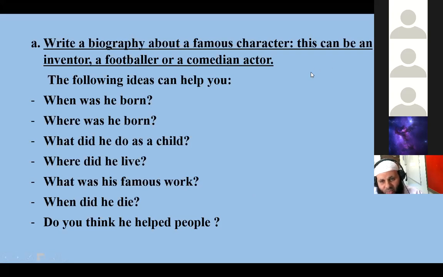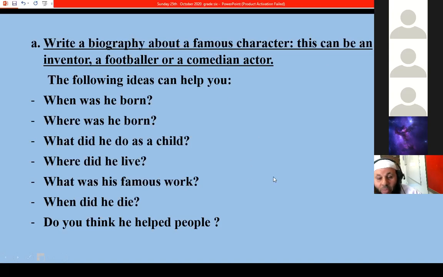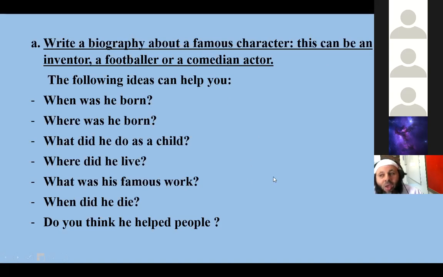Abdullah, which one is easy for you, to write about a famous character or to write about your daily routines? Daily routine. Okay, I think this will be easy for most of you, but if you want to write a biography about a famous person, you must go to the internet today and write the topic today.